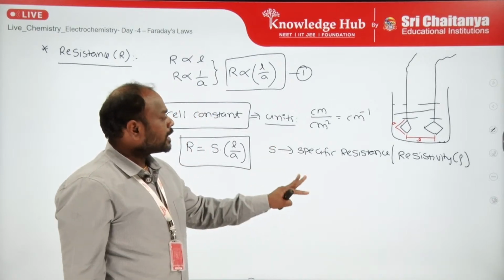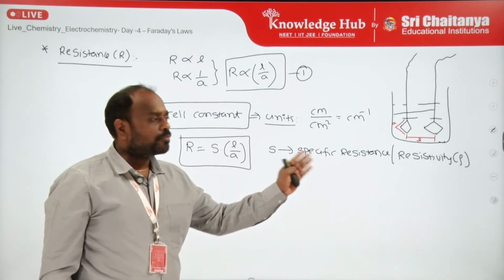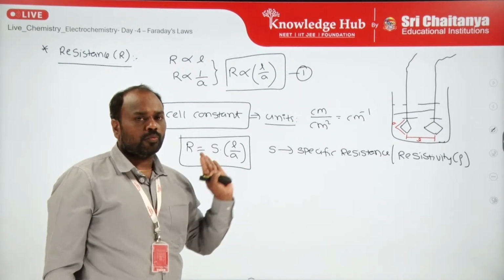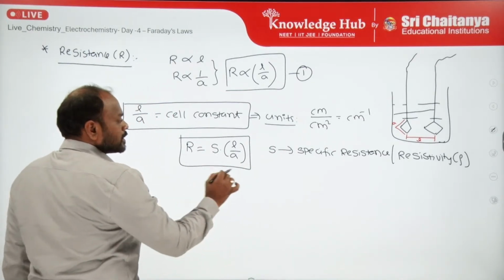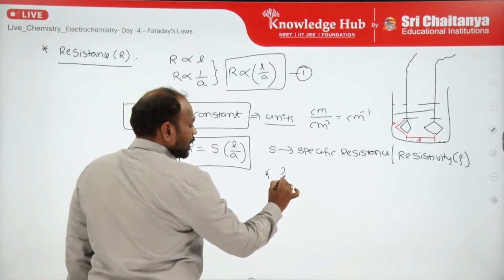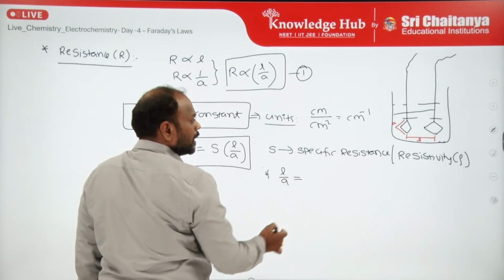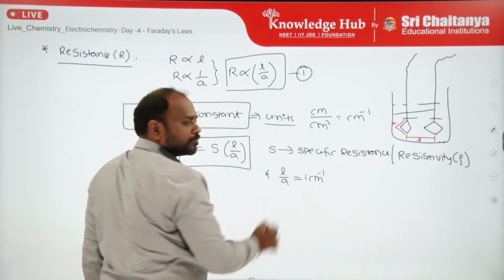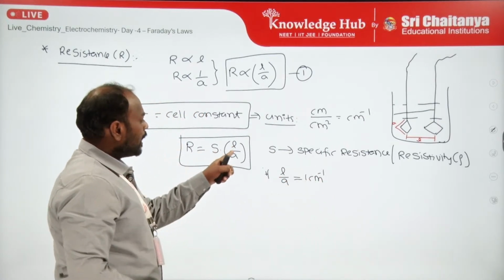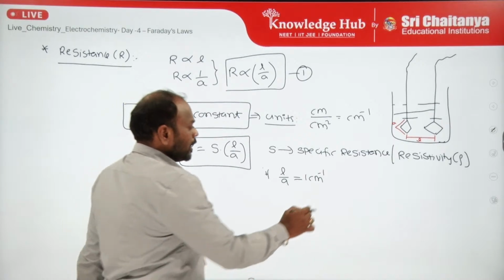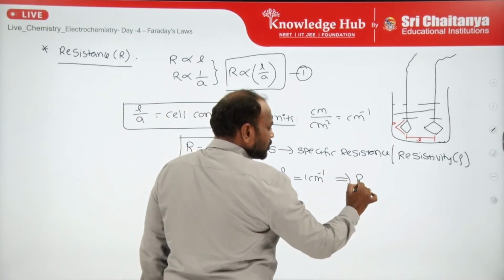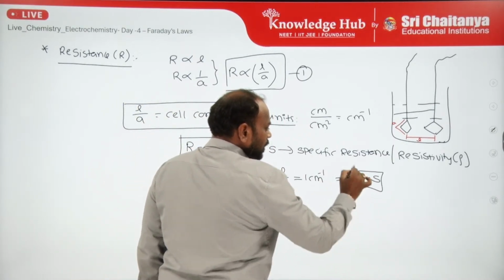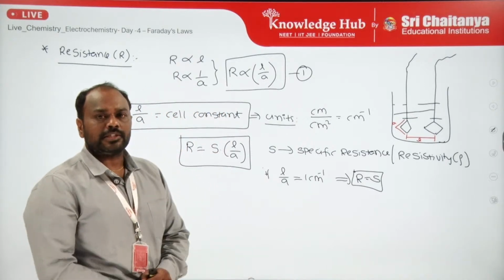Okay, S is nothing but specific resistance or resistivity, both are represented either with S or rho. Now, suppose if L by A, that is the cell constant, is equal to 1 centimeter inverse, then L by A value became 1, that implies R is equal to S. This is the definition of specific resistance.